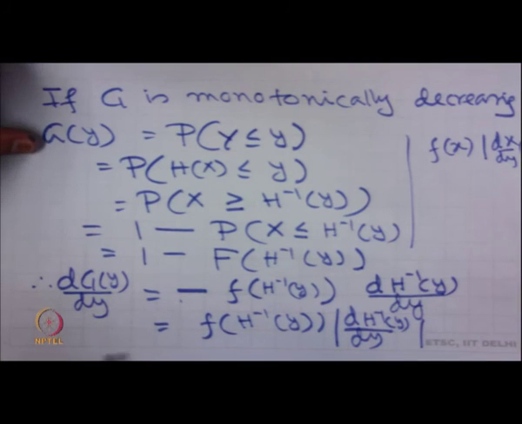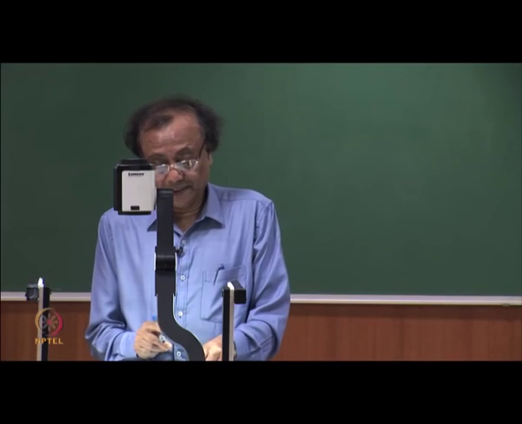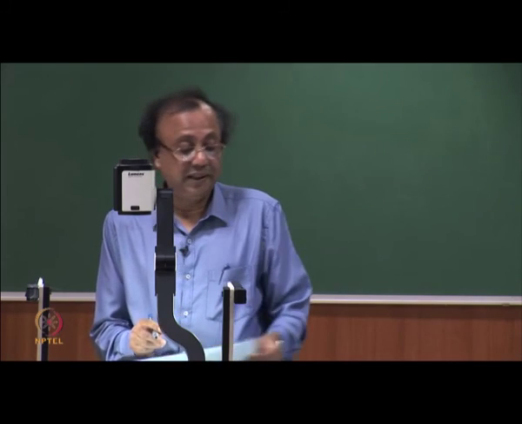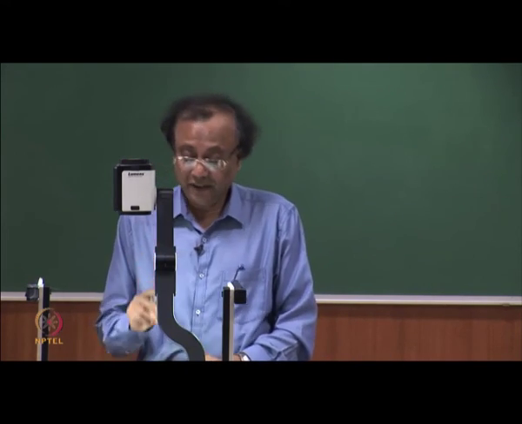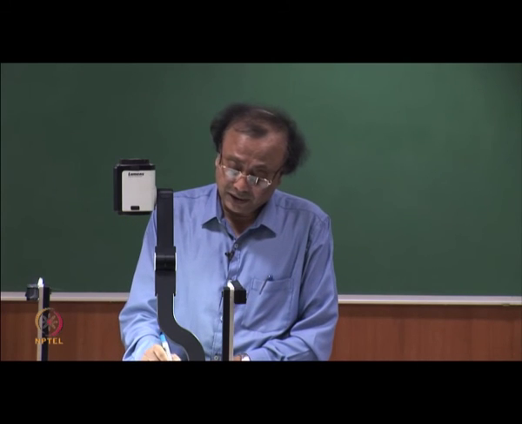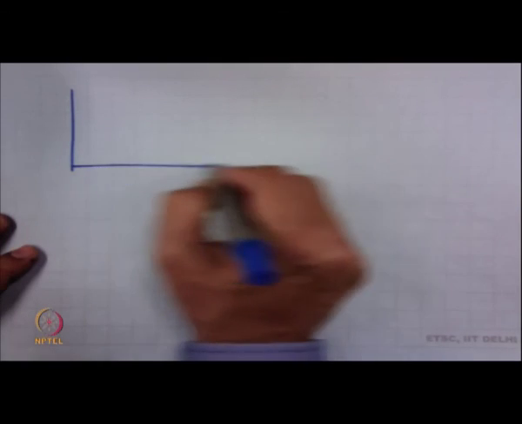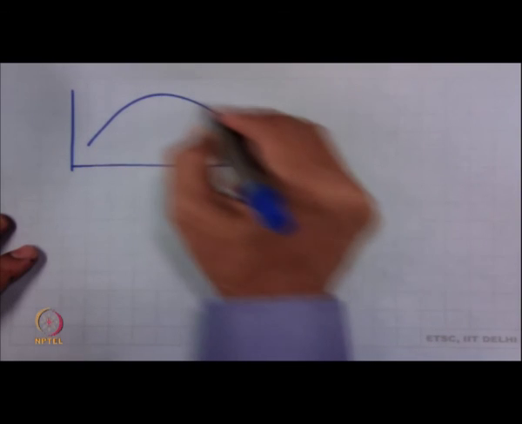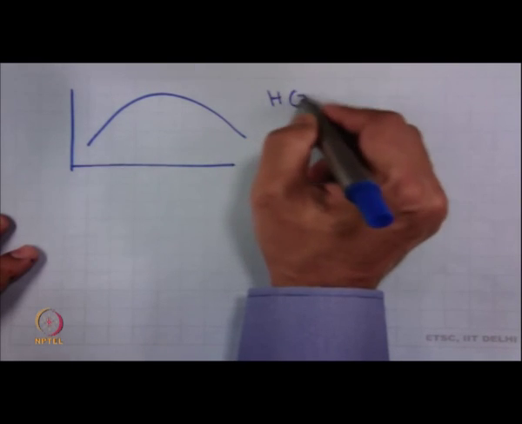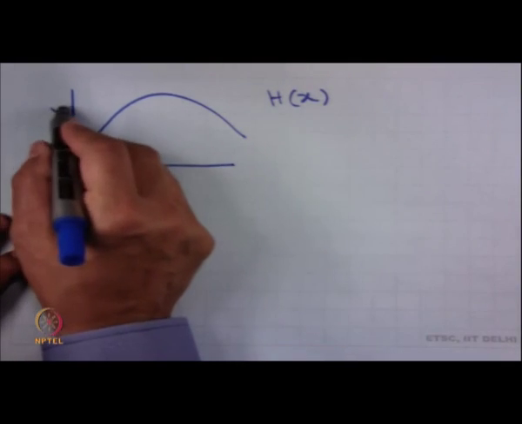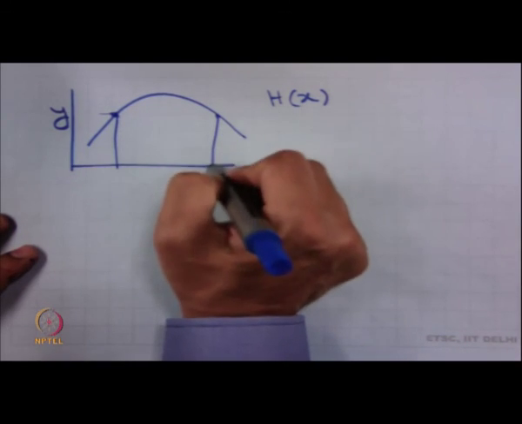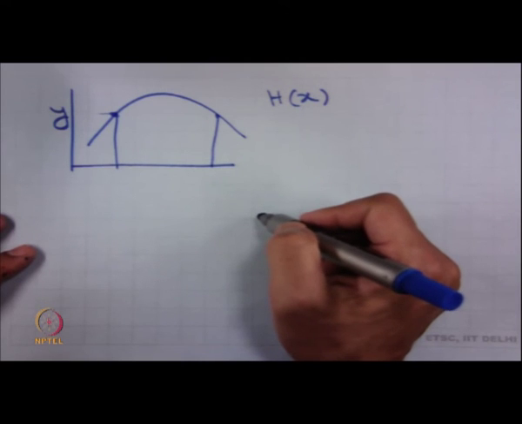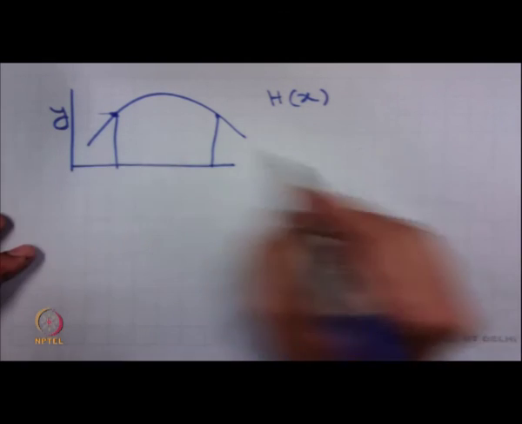So, if h is monotonically increasing or monotonically decreasing, we can get the inverse. That is not always the case. Say for example, h of x is like this, then given a y, I can get two different values of x, and we cannot take the inverse of y.